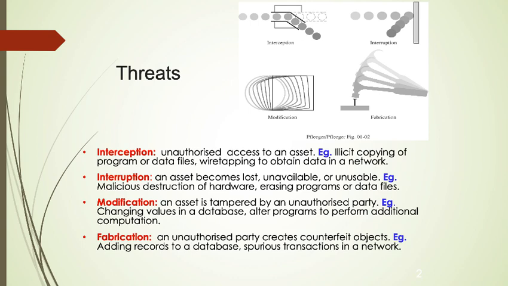An example of modifications could be if someone changes a value in a database or changes a program so that it makes additional computations, like the banker example I described in an earlier video. And a fabrication example might be an intruder that adds records to an existing database or inserts a transaction to a network communication.